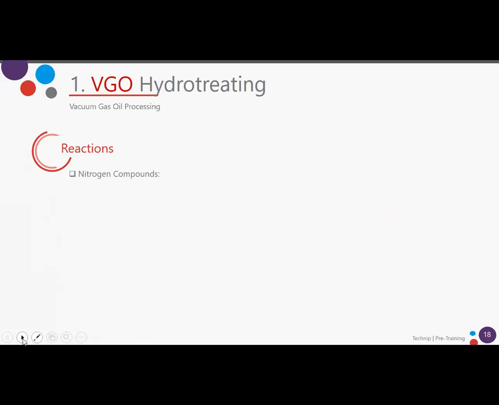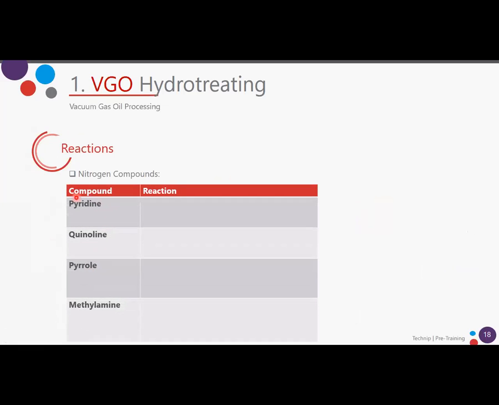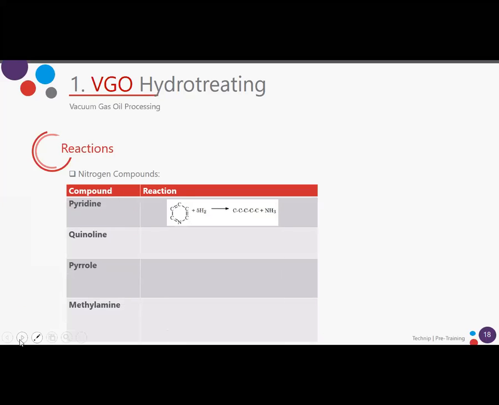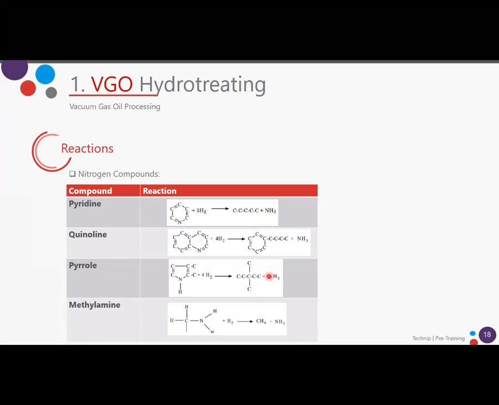For the nitrogen compounds, remember that we have seen this type of compounds. The same, you will have the reactions with hydrogen, but instead of H2S, you will produce ammonia. Okay? And of course, the hydrocarbon without the nitrogen.